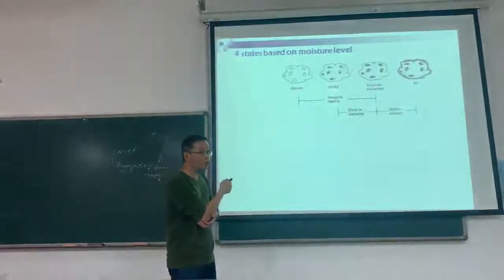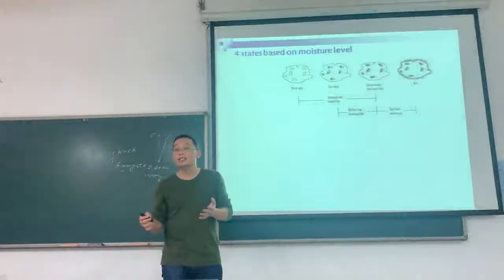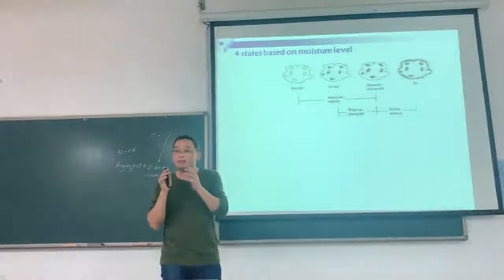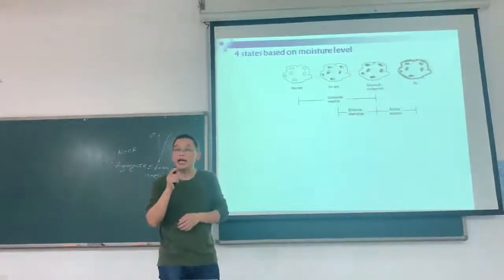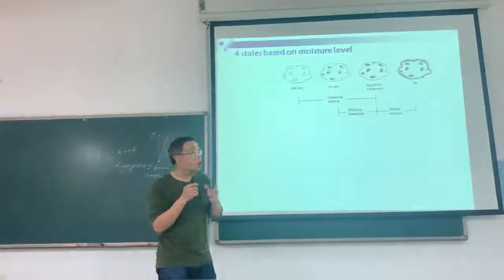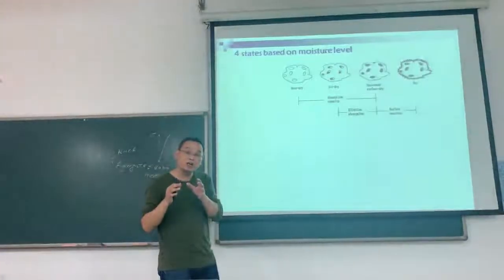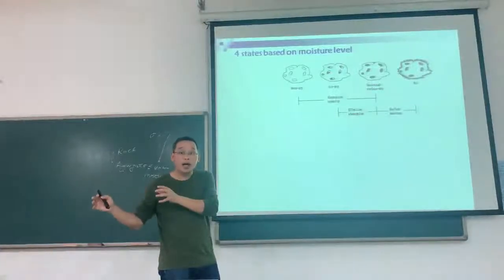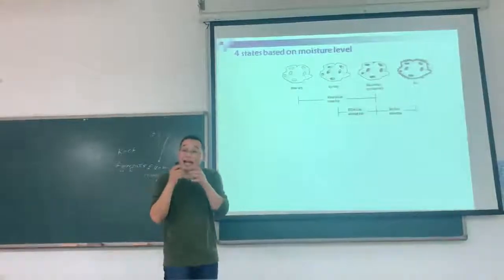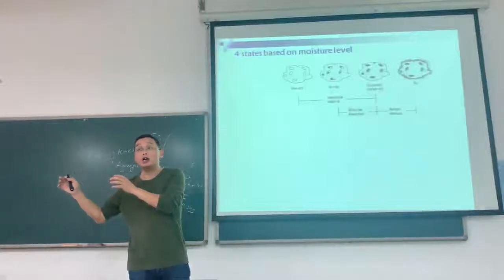And then this is the air dry. What does air dry mean? It means there is some moisture in the pores, and the moisture is equivalent to the air outside.